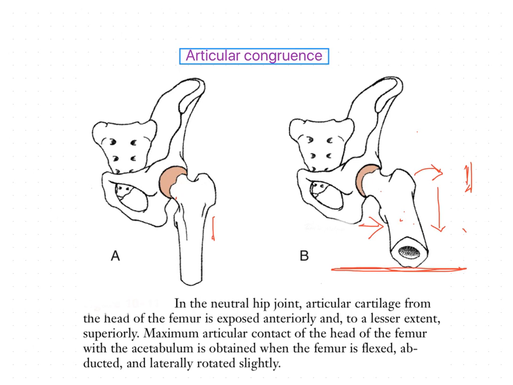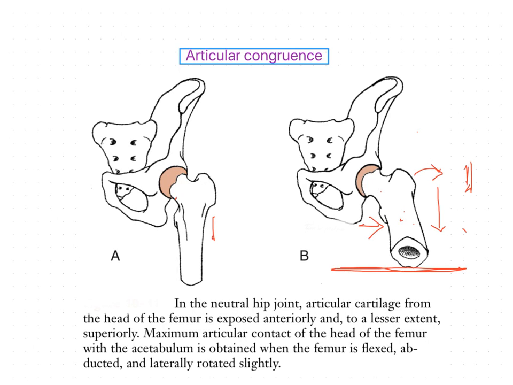And some studies regarding articular congruence, some investigators concluded from their work and from the evidence in the literature that the hip joint actually functions as an incongruent joint in non-weight bearing.